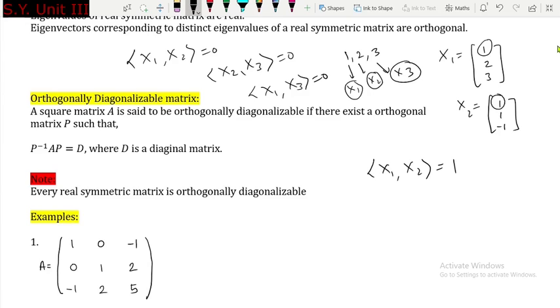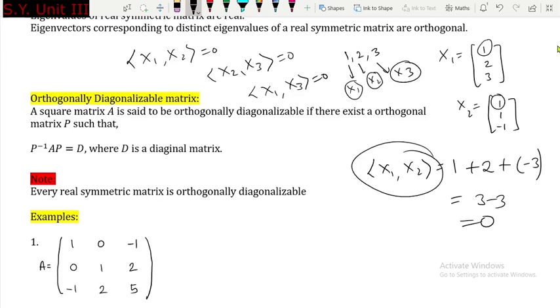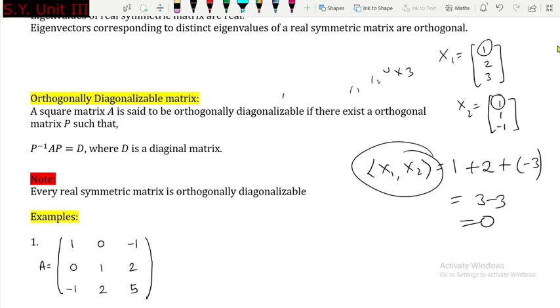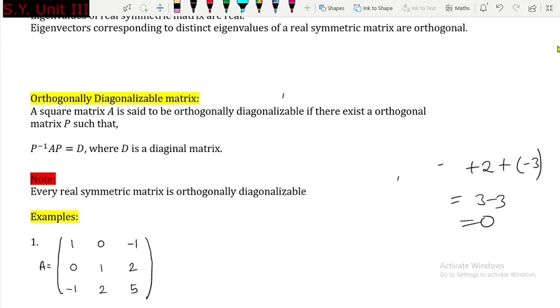So 1 multiplied by 1 is 1, plus 2 multiplied by 1 is 2, plus 3 multiplied by minus 1 is minus 3, and this is 3 minus 3, which is 0. Therefore we say that x1 is orthogonal to x2. I hope you got what I have done here. So this is the meaning of the result. Therefore the eigenvectors corresponding to distinct eigenvalues of a real symmetric matrix are orthogonal. Just keep it in mind.